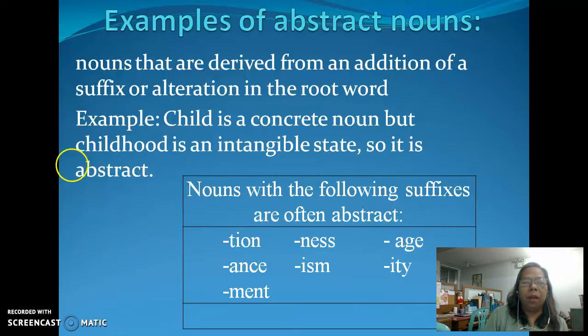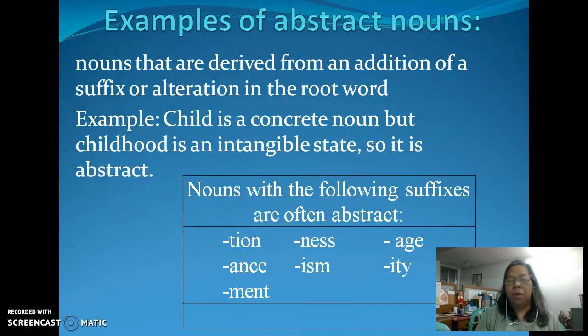Now, I'd like you to notice that there are suffixes that may be used to form abstract nouns. These are the suffixes tion, ance, ment, ness, ism, age, and ite. Okay?